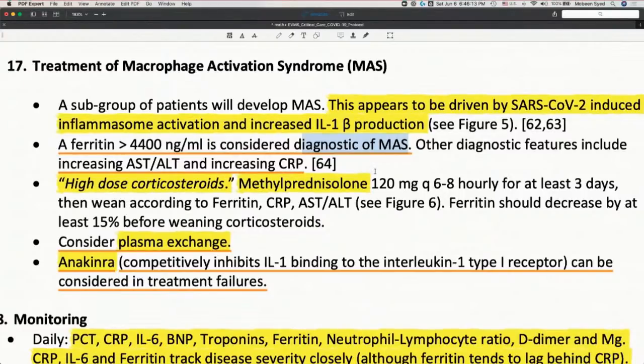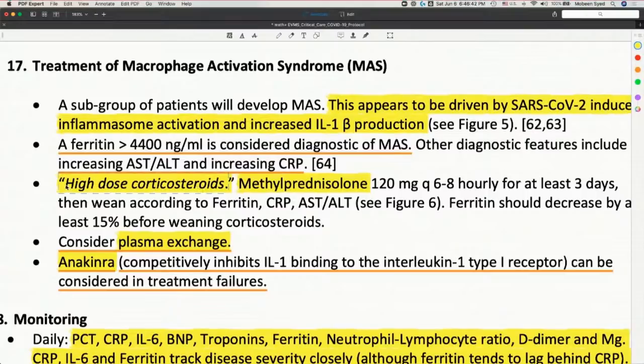Especially macrophages are active because ferritin can come out of macrophages. If macrophages are active, they would produce more ferritin, and we can then measure that ferritin to see if the macrophages are active. So ferritin levels would tell us that the macrophages are active. Then AST, ALT, and increasing CRP. These are all the enzymes that show the damage to, let's say, the liver, and then the acute phase protein is CRP.